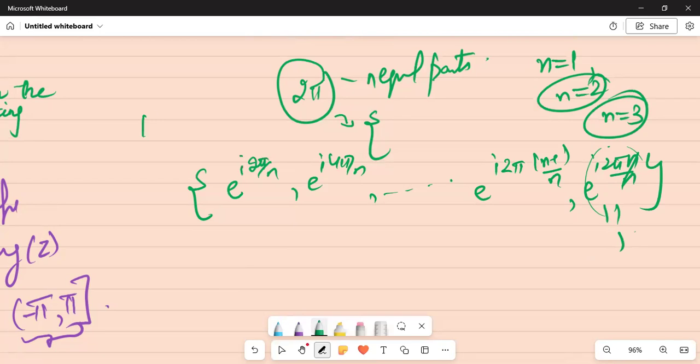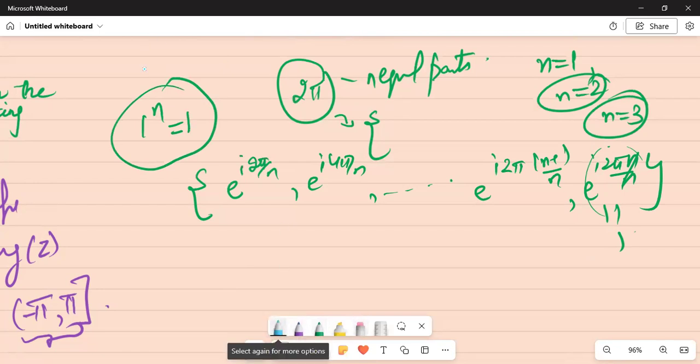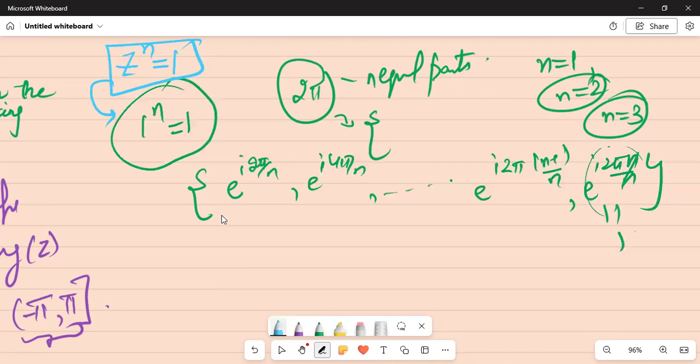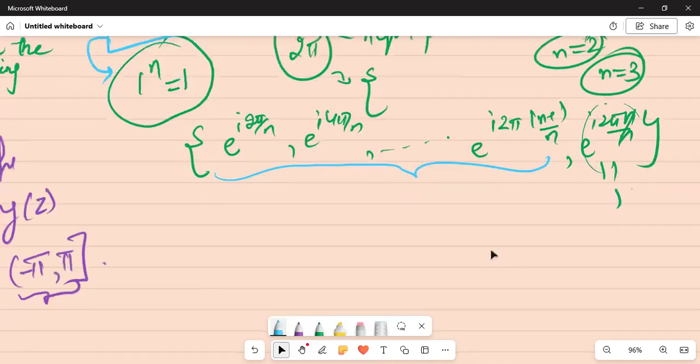So 1 is of course going to be an nth root of unity, because your complex number should satisfy this equation. So 1 obviously satisfies this, and the other complex numbers that satisfy this are these.